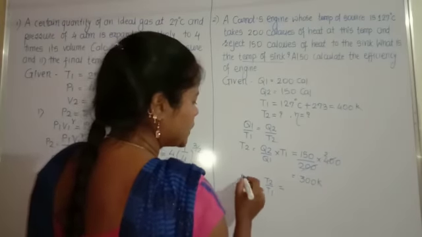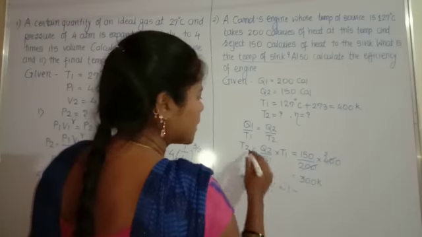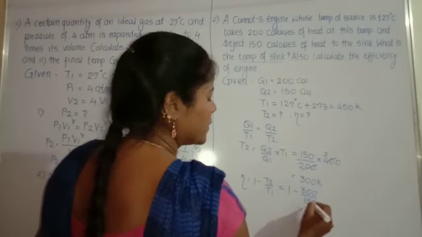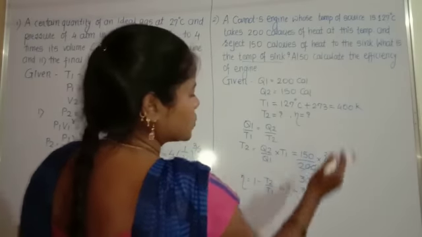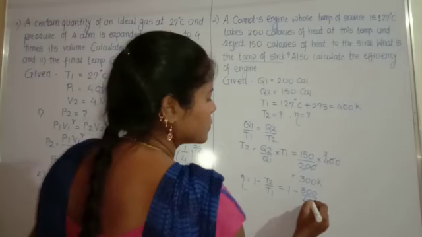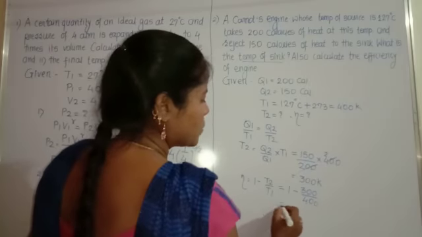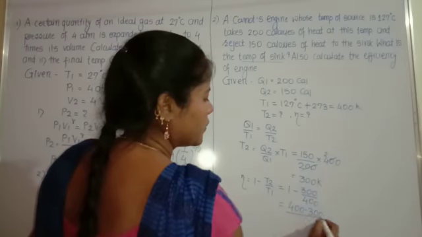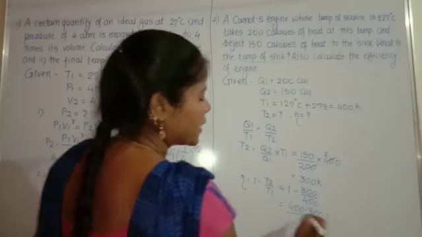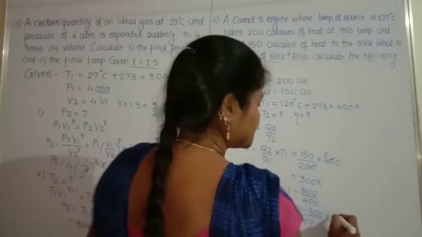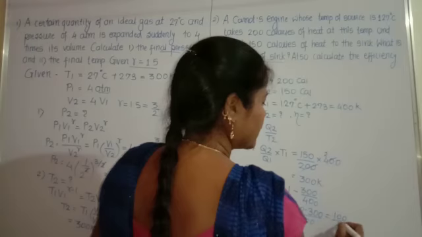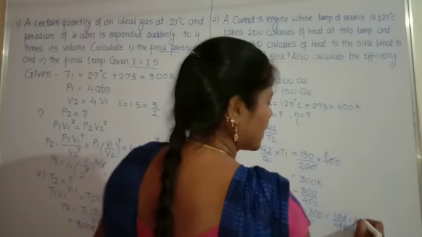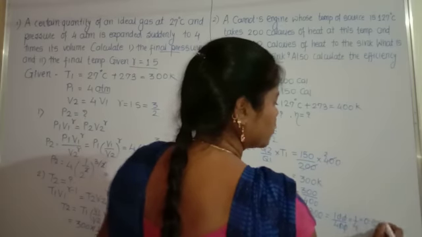By putting these values, eta equals 1 minus T2, which is 300 Kelvin, divided by T1, 400 Kelvin. Solving by taking LCM, 400 minus 300 divided by 400, we get 100 divided by 400, the zeros cancel, equals 1 by 4, which is nothing but 0.25.